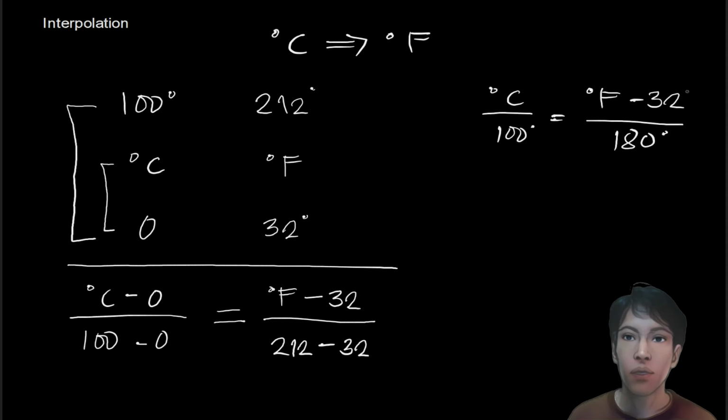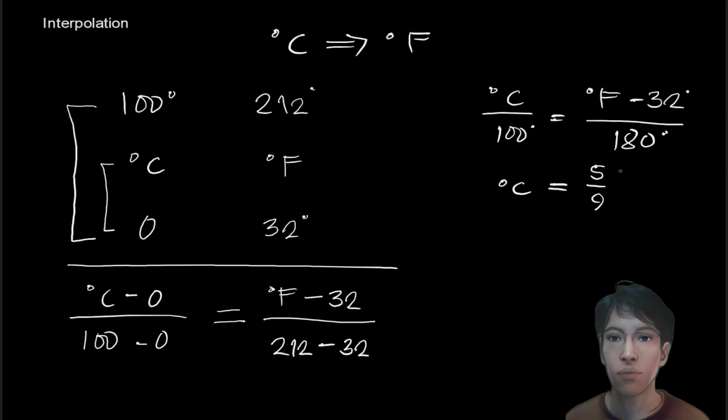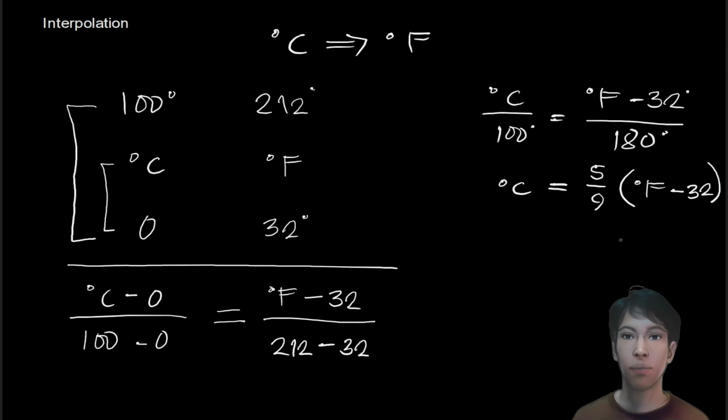Solving for degree C, degree C is 5 over 9 of degree F minus 32, simplifying 100 over 180.